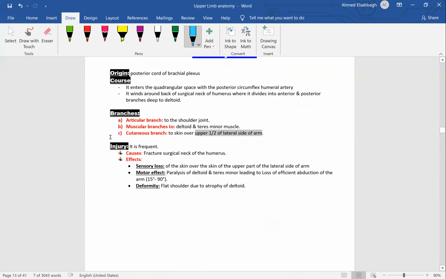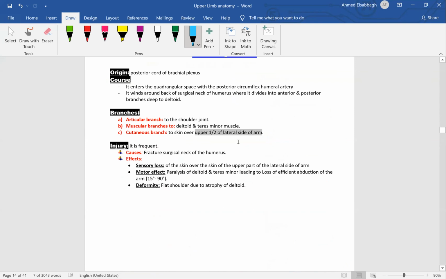In case of injury, which is due to fracture of the surgical neck of the humerus, as the axillary nerve winds around it, there is sensory loss over the upper lateral side of the arm. Motor effect: paralysis of deltoid and teres minor, so there will be loss of shoulder abduction from 15 to 90.